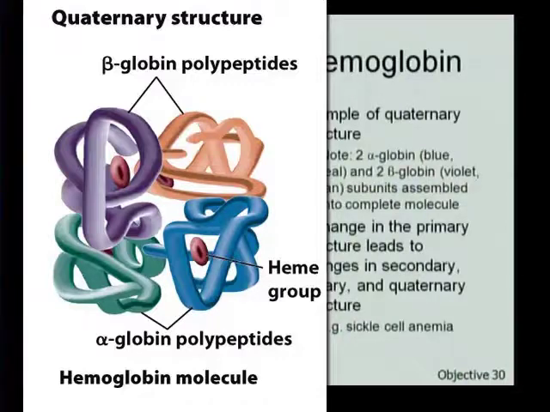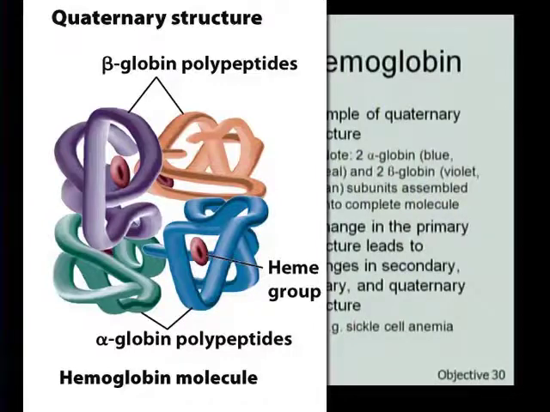Those alpha helices, beta pleated sheets, and unorganized secondary structures are all put together into a 3-dimensional tertiary structure, an alpha globin polypeptide or a beta globin polypeptide. And then we put the alpha globin polypeptides and the beta globin polypeptides into a quaternary structure, 4 subunits, making up a complete hemoglobin molecule.